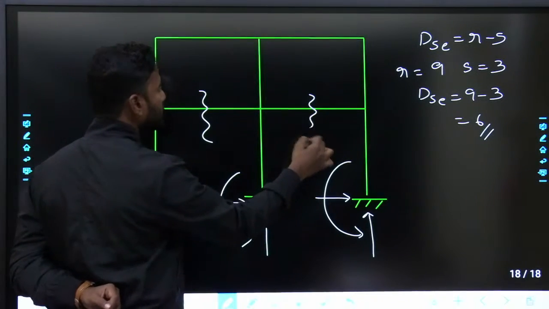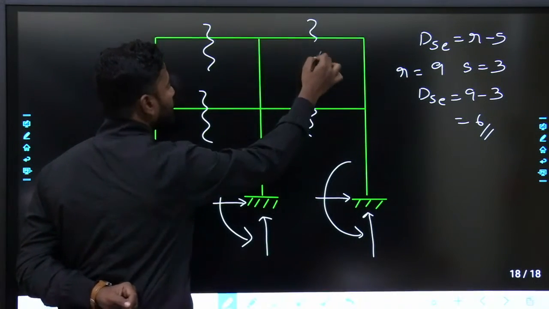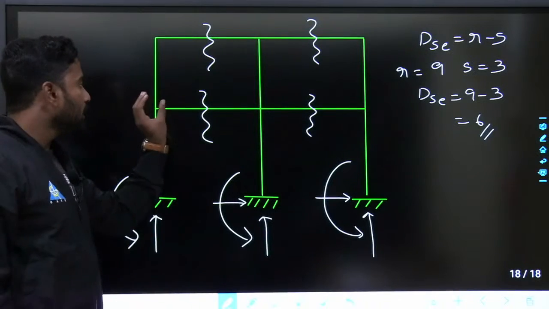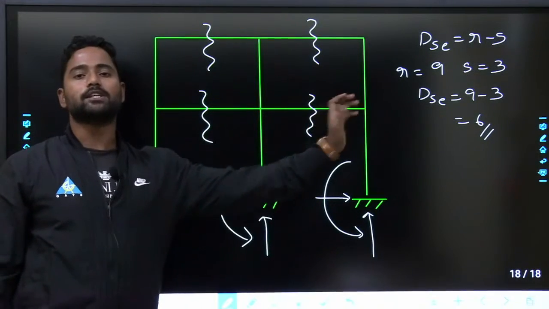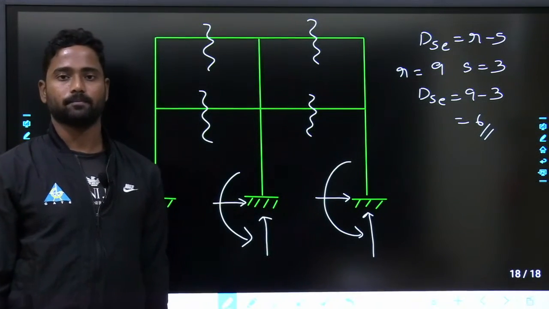so that after cutting, each and every part should behave like a stable cantilever. Fine.